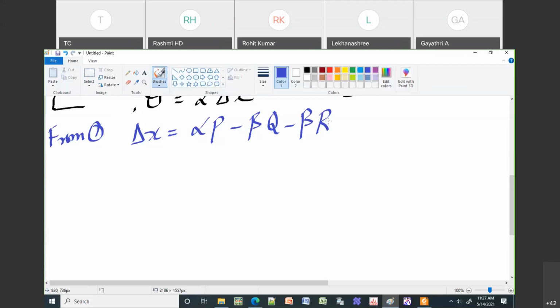If you remember the diagram, you had a block. In that block, you fix one end, and then you apply the force on the top surface. So there used to be change in two dimensions: one is this change, and the other one is the height or the length change.